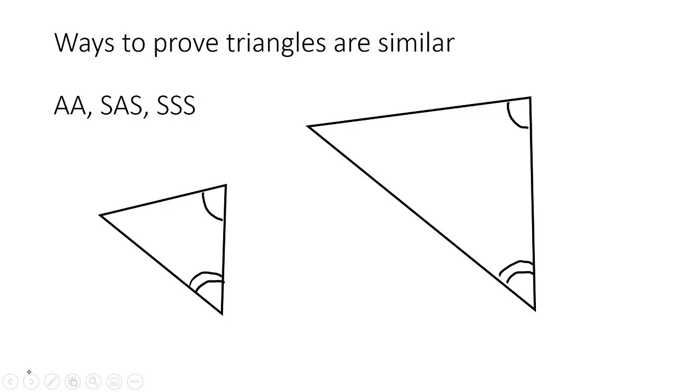We're just talking about the three concepts, the 3 lettering systems that we can use to prove that triangles are similar. They're a little bit different than proving that triangles are congruent, but they are, and I use this word tongue-in-cheek, similar to the proofs that we use to prove that things are congruent.